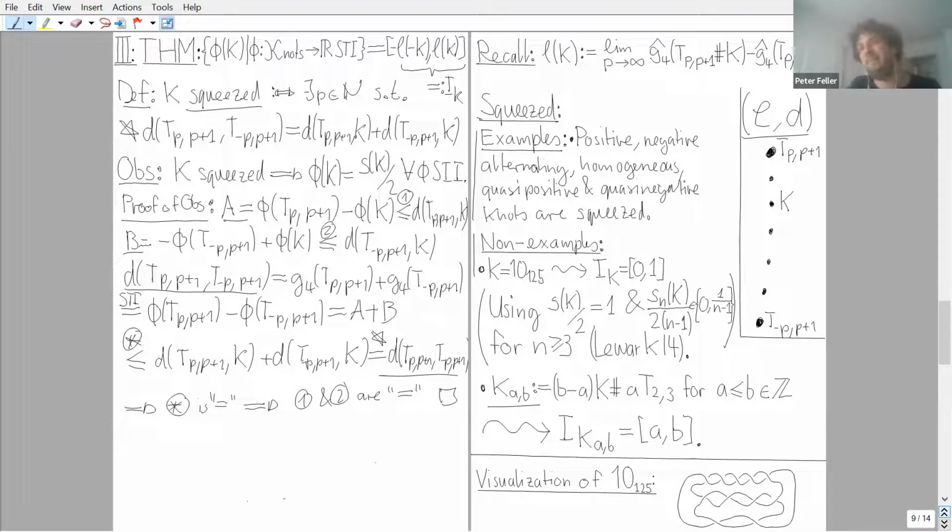Okay. If I were there, I would draw you a nice little surface on the blackboard. I think Andrew wanted to be there, but couldn't. In the coffee break, virtually, I can show you a picture that convinces you that it's somewhat explicit to see that these things are squeezed. But I kind of agree with you. If you just look at the definition of homogeneous or alternating, you might not see it.